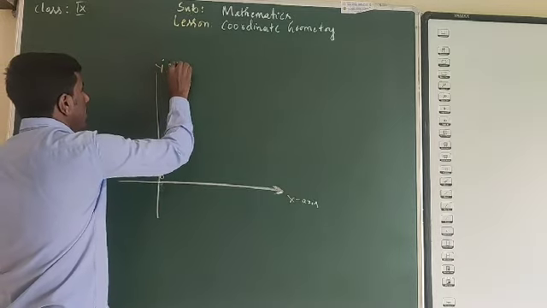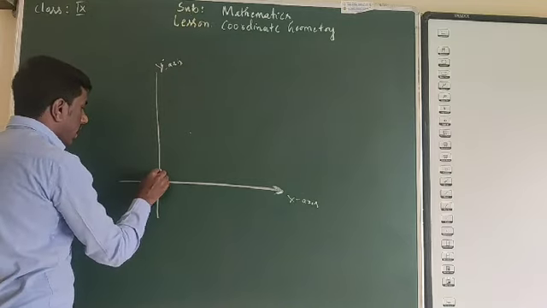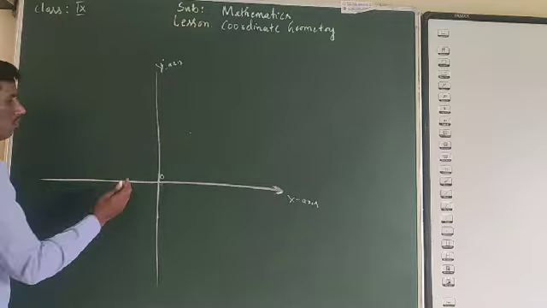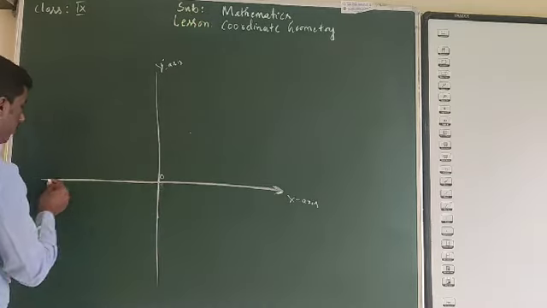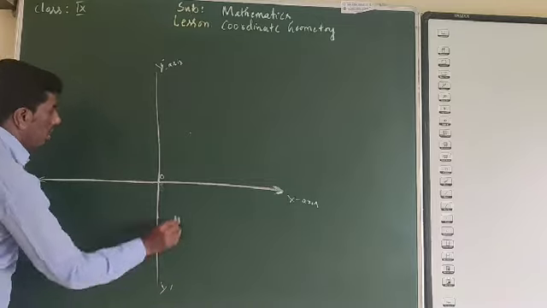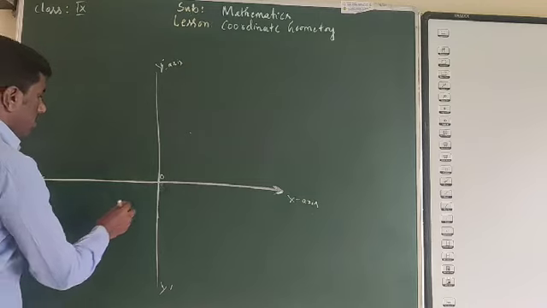These are all the things we learned in the last class. Before that, we learned about x dash and y dash. This is the negative y direction and this is the negative x direction.